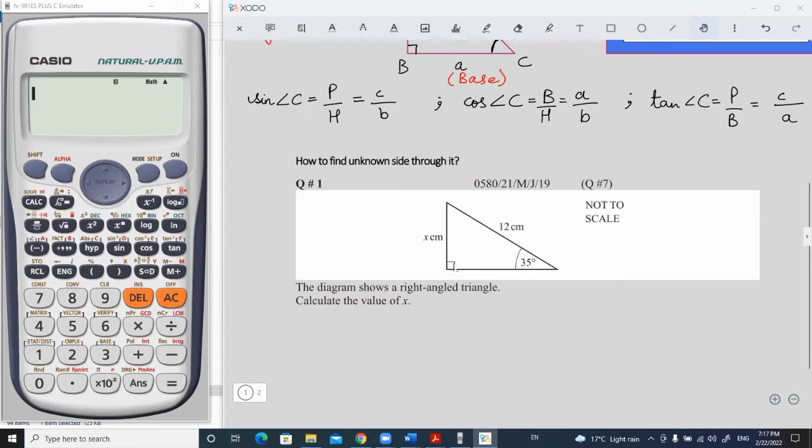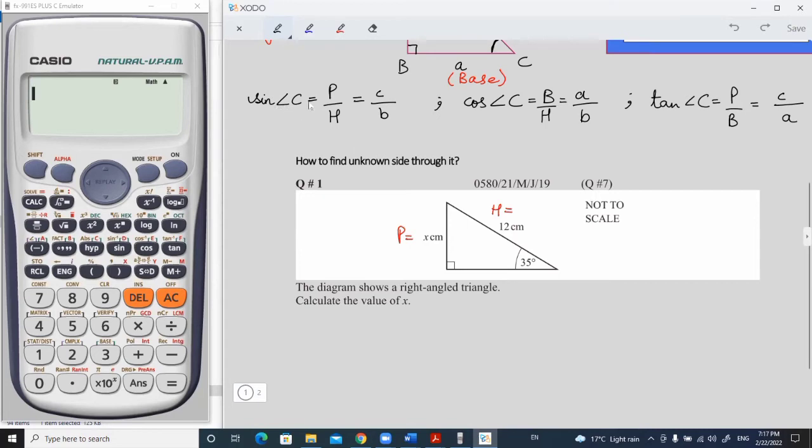Hypotenuse is the side opposite to the right angle, so 12 centimeters is the hypotenuse in this case. The side opposite to the given angle is the perpendicular. So which ratio can we apply? Some People Have, meaning perpendicular and hypotenuse are given.